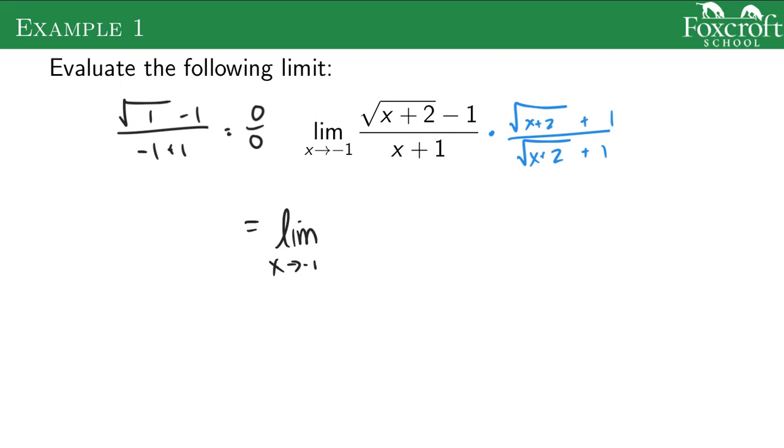All right, we multiply by the conjugate because that gives me the difference of squares on the bottom. I don't want to combine stuff. And that top, x plus 2 minus 1, is going to simplify to x plus 1, so those are going to end up canceling out.